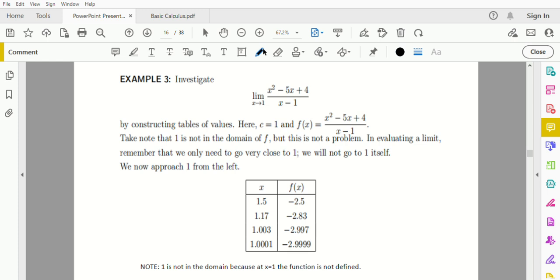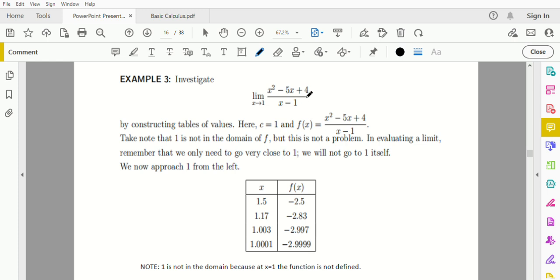Hence, the limit of this one is 0. Now, example 3. Limit of x squared minus 5x plus 4 all over x minus 1 as x approaches 1. Take note that by our note last time, the c may or may not be in the domain.